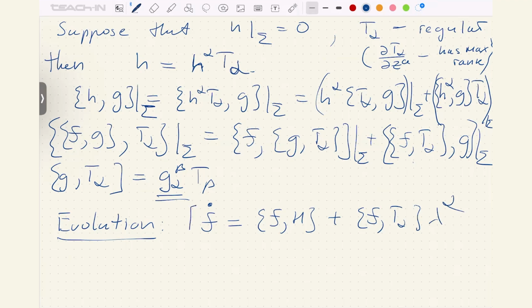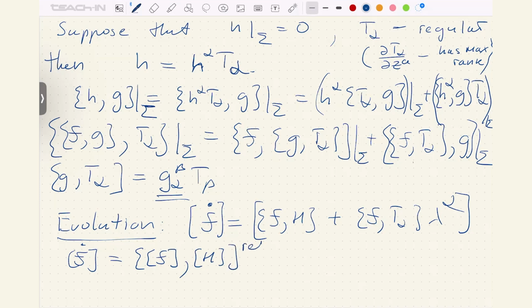And then we take equivalence class everywhere. So what we get, the second term disappears because f with T alpha vanishes. Taking equivalence class means restricting to sigma, right? The Poisson bracket of f with T alpha vanishes there because f is an observable. So what we get is that the equivalence class of f dot is just the Poisson bracket of f with h, and this is reduced, right?